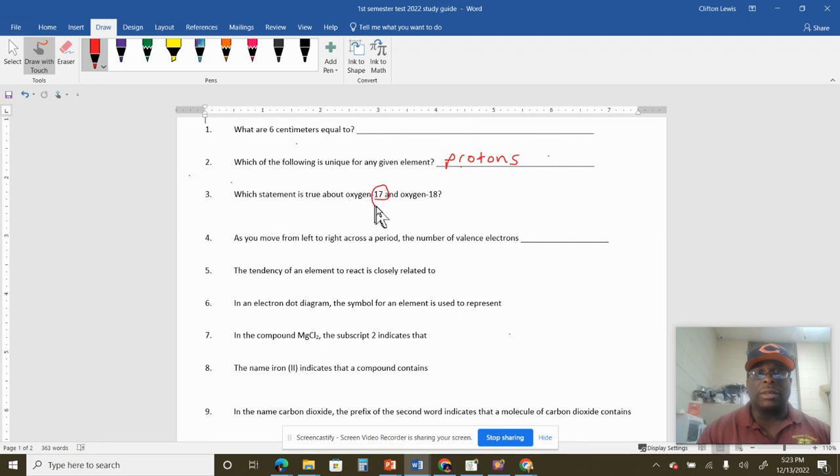Notice these are the atomic masses. They are isotopes. Same number of protons with different neutrons. We have different masses. Now, as you go from left to right across a period, the number of valence electrons increases.